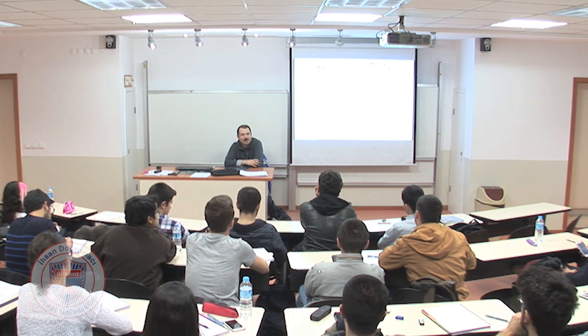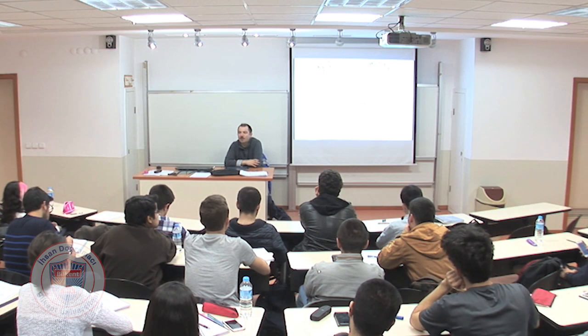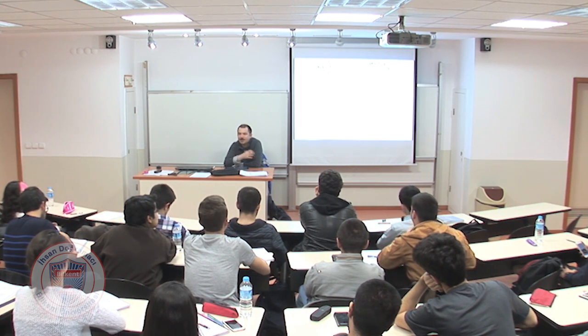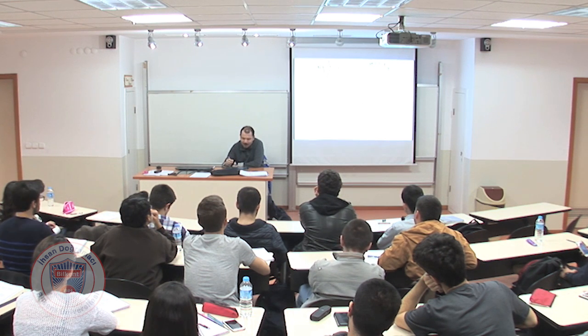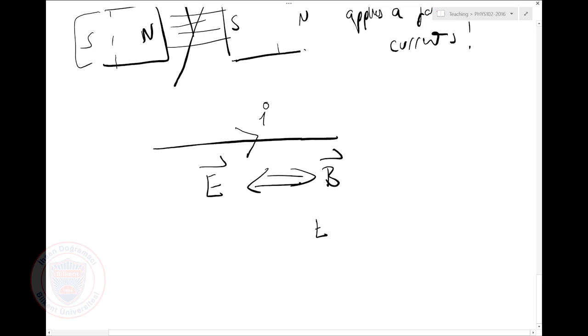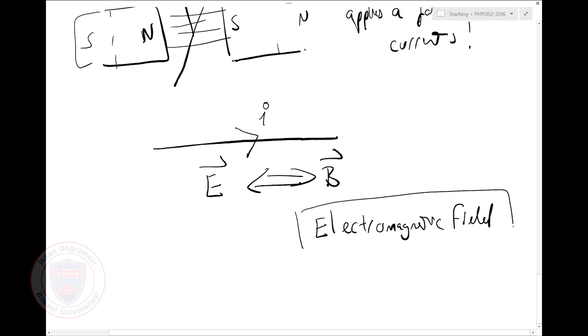So that's why maybe we should view this object as a more compound object, not separately an electric field or a magnetic field. That's why we talk about the electromagnetic field.